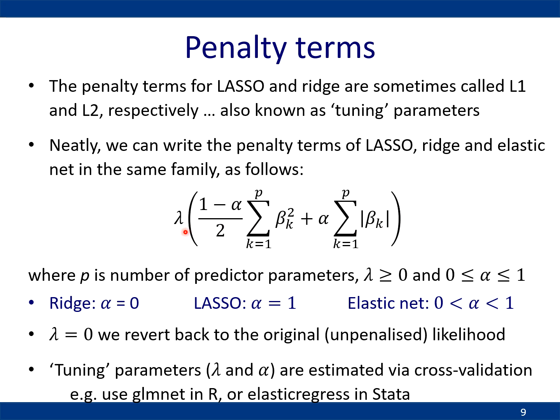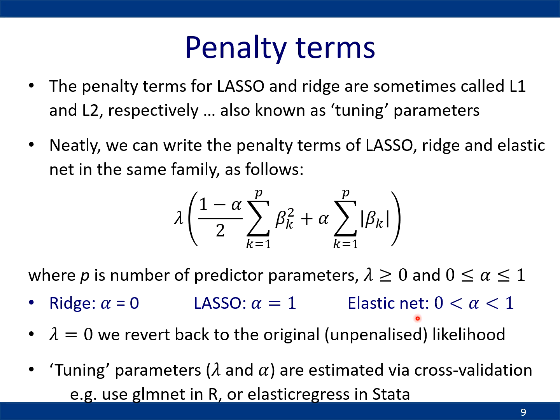Now, like I said, alpha and lambda are the two parameters that define this penalty term. Ridge is when alpha equals 0, so this part of the equation disappears. Lasso is when alpha equals 1, so this part of the penalty term disappears.